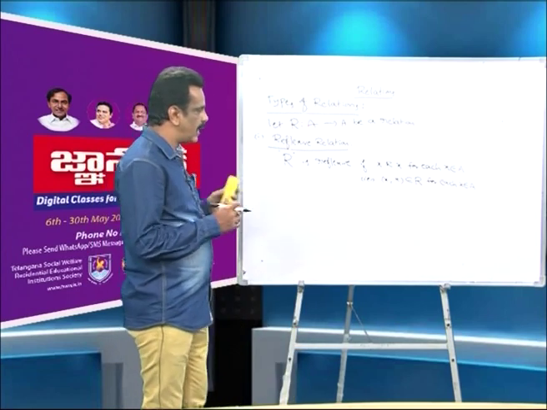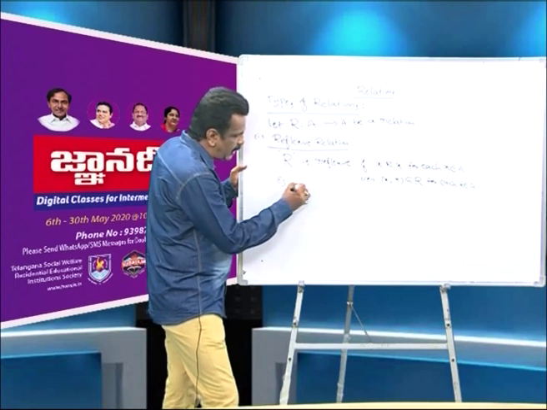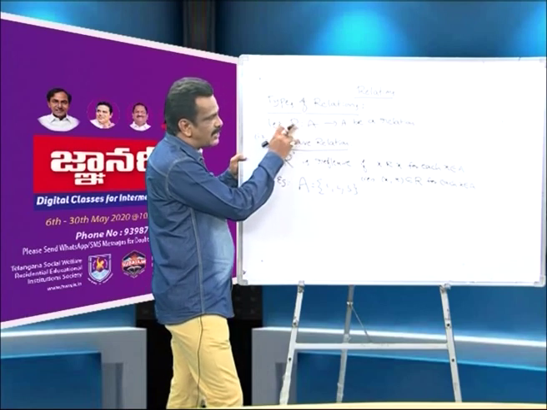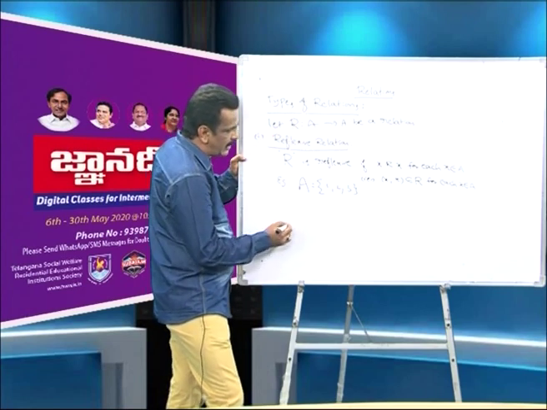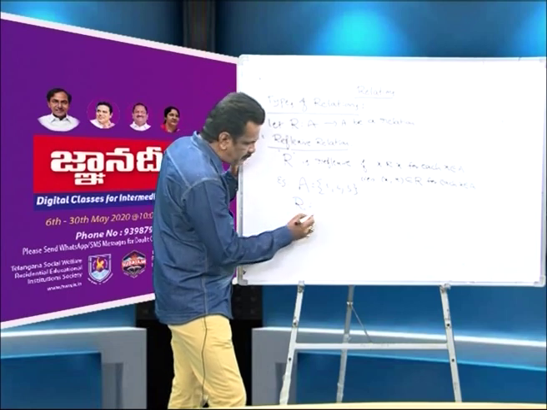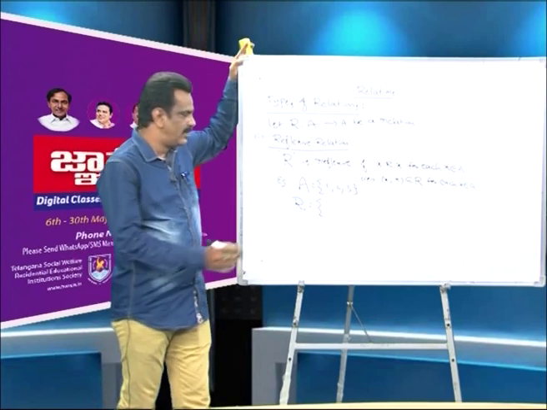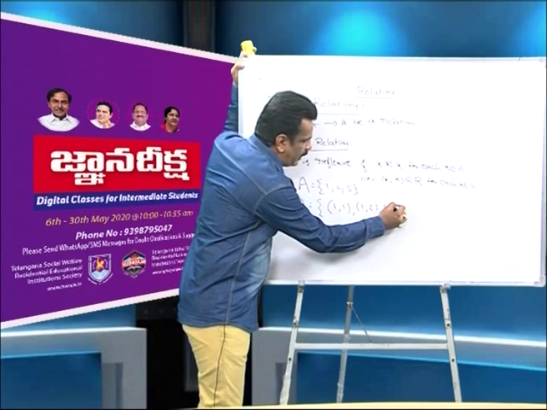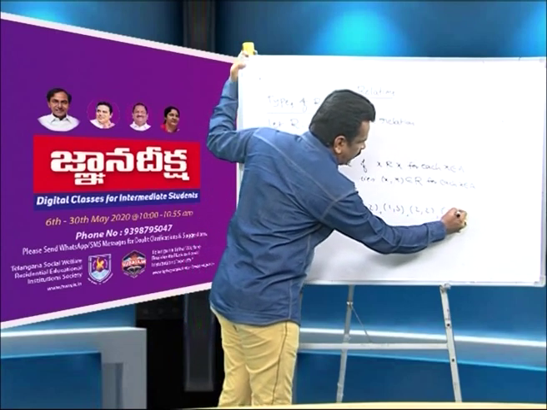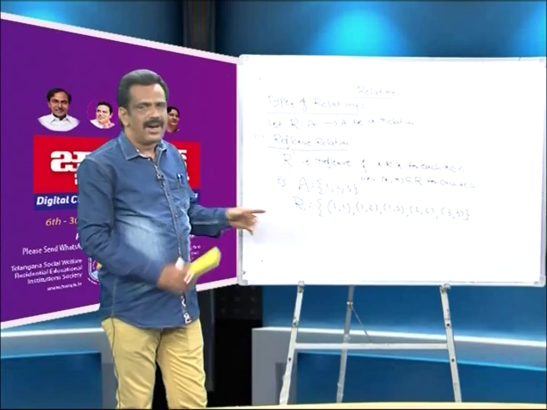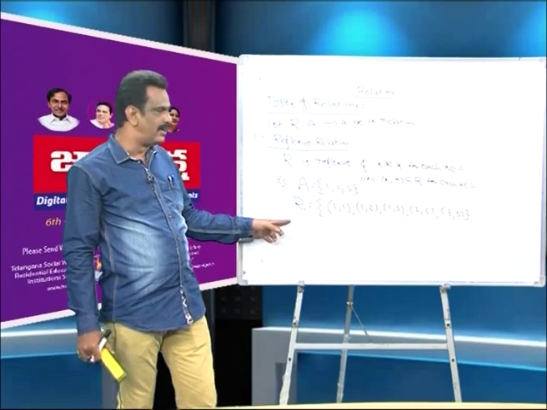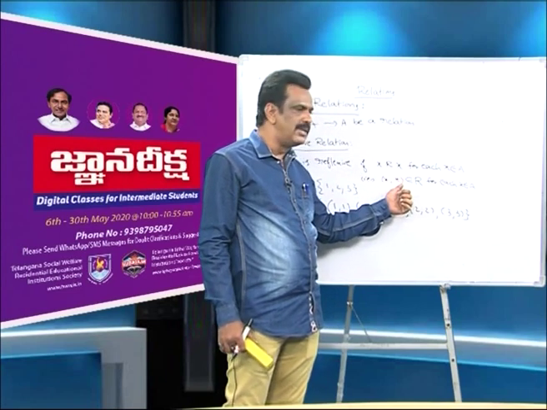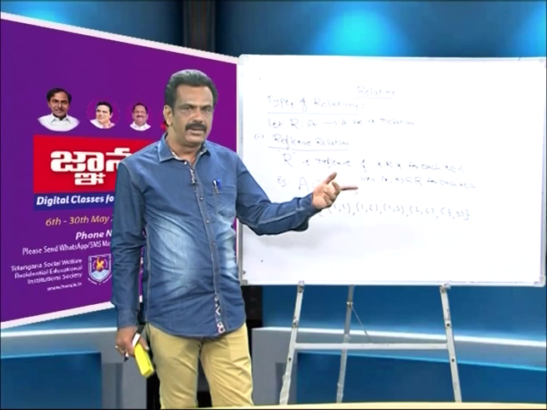Let us identify through an example. I am taking A with elements 1, 2, 3, and we are discussing R from A to A only. I will define R1 as a relation containing the ordered pairs (1,1), (1,2), (1,3), (2,2), (3,3). Whether this R1 is reflexive or not, you must identify according to the definition. When x belongs to A, the corresponding self-image ordered pair x comma x must be in the relation.